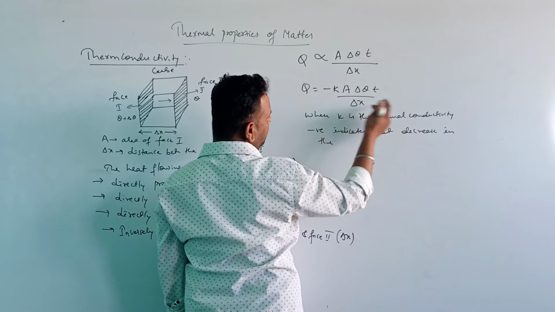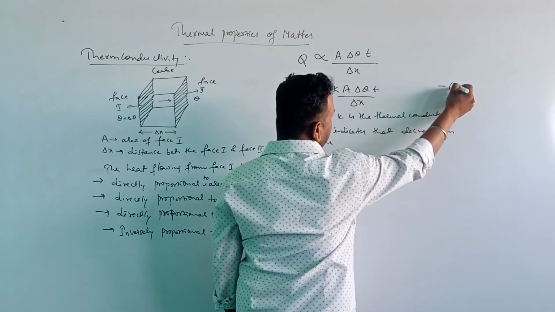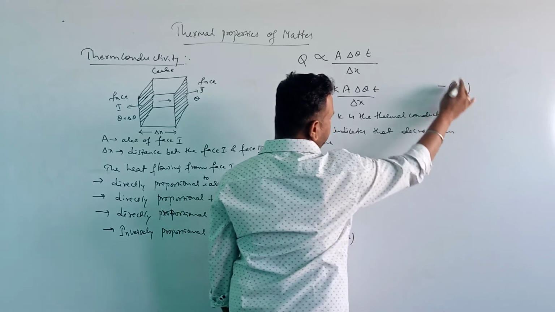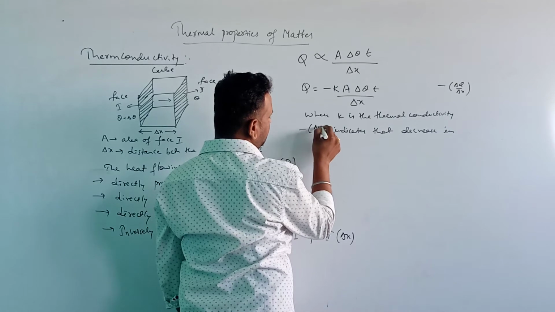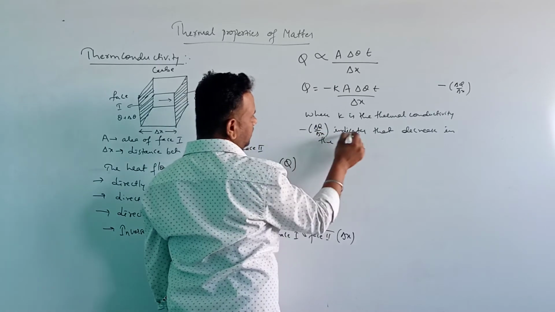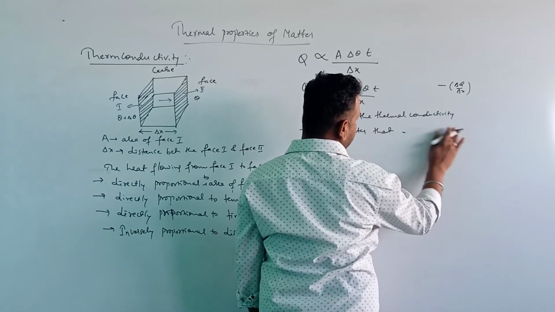Here we are denoting this as minus delta theta by delta x, which indicates the temperature gradient.